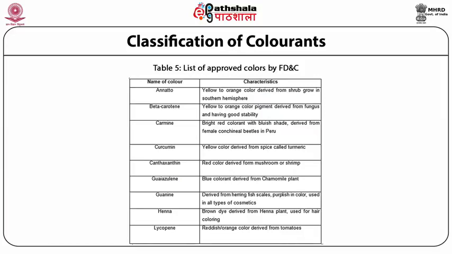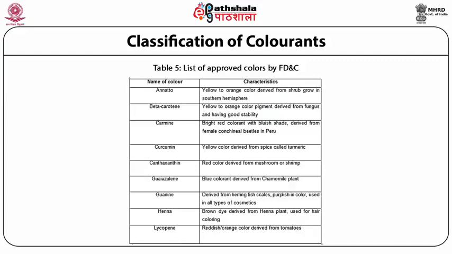beta-carotene, which has a color yellow to orange, to guanine, which is derived from fish scales and is purplish in color. These include number 1, annatto, which is a yellow to orange color, derived from shrubs grown in the southern hemisphere. Beta-carotene, which is a yellow to orange colored pigment derived from fungus and having good stability.